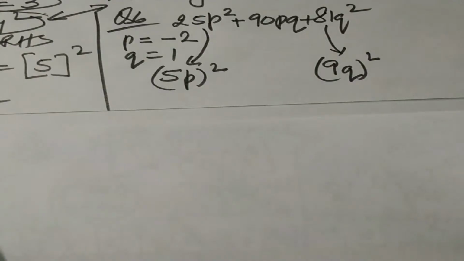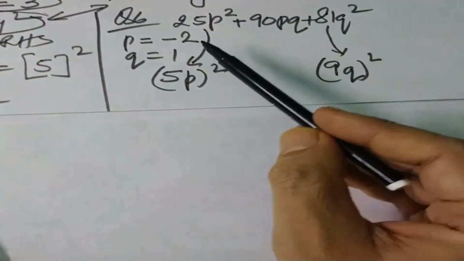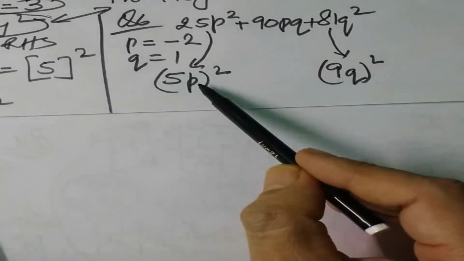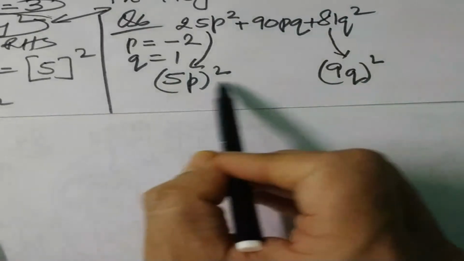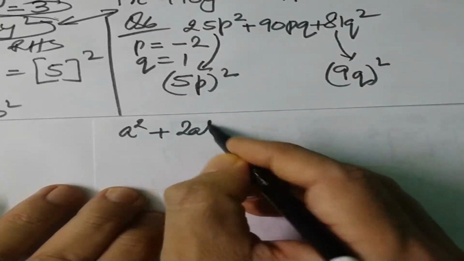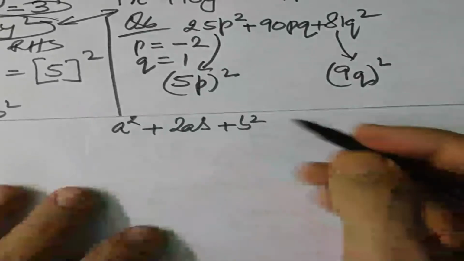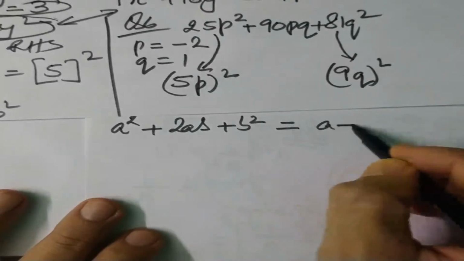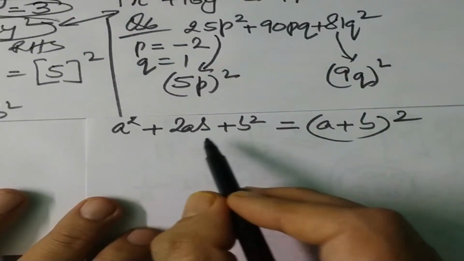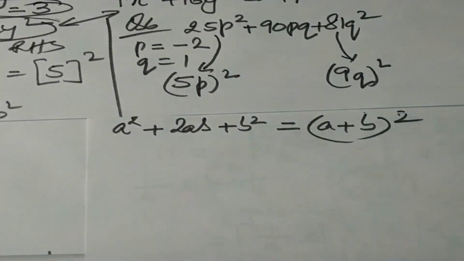So let's see what will come. So I have converted 25 and 81 into 5 and 9, and actually what we are doing is the opposite of this. We are doing a square plus 2ab plus b square is equal to a plus b whole square. The question is given like this and we have to write it as a whole square.